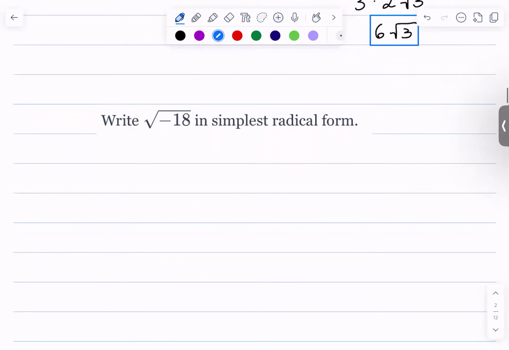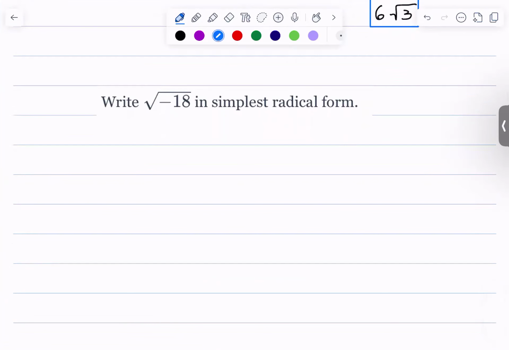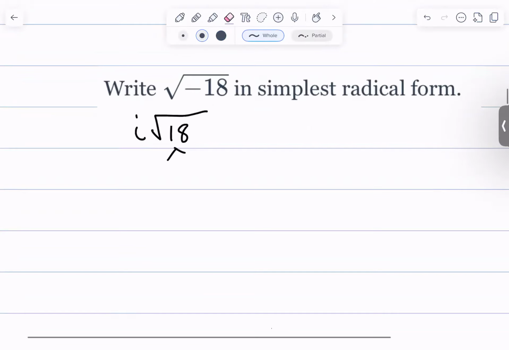Now, what if there was a negative in there? Last lesson, we talked about square root of -1 equals i. So whenever I see a negative inside my square root, my first step is just to put an i on it and take out that negative. Okay? So now the square root of -18 is the same thing that we did up there, right? With my first two examples.